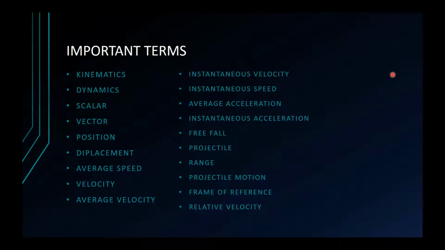So before we begin, there are some terms that you have to make sure you know. These terms are kinematics, dynamics, the difference between scalars and vectors, position and displacement, average speed, velocity, average velocity, instantaneous velocity, instantaneous speed, average acceleration, instantaneous acceleration, free fall, that's important, projectile, range, projectile motion, frame of reference, and relative velocity.